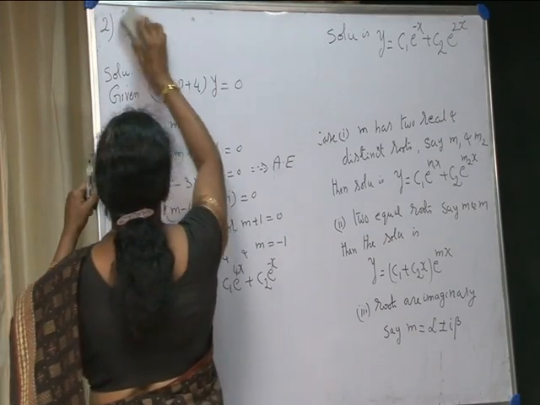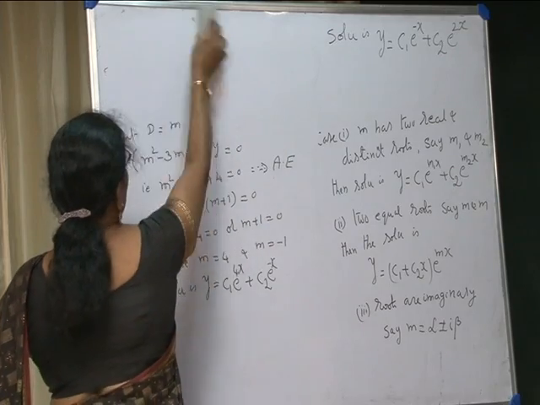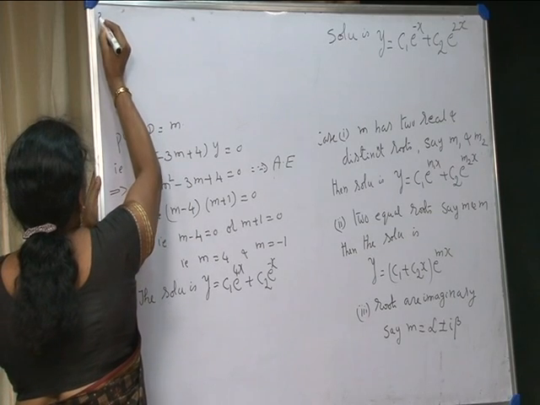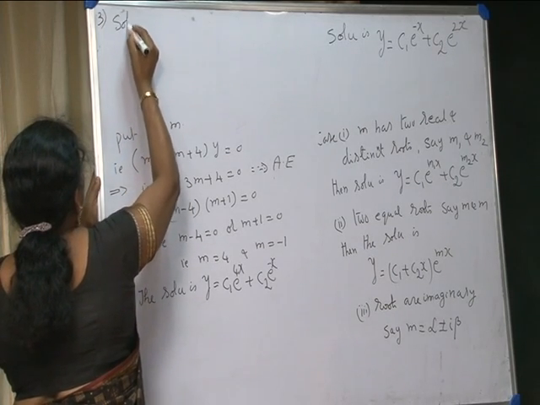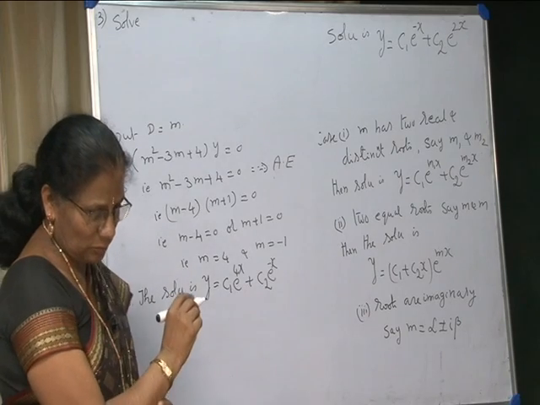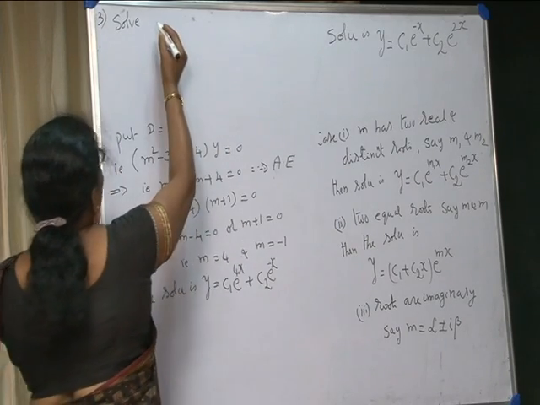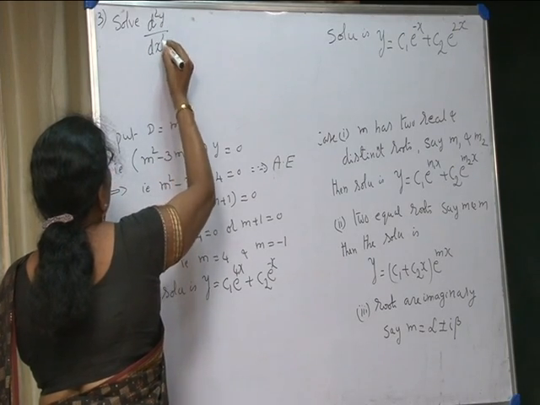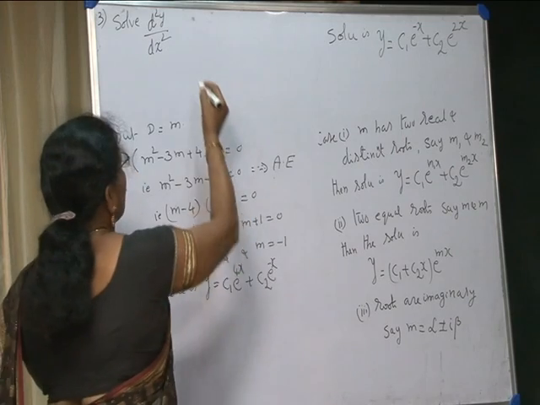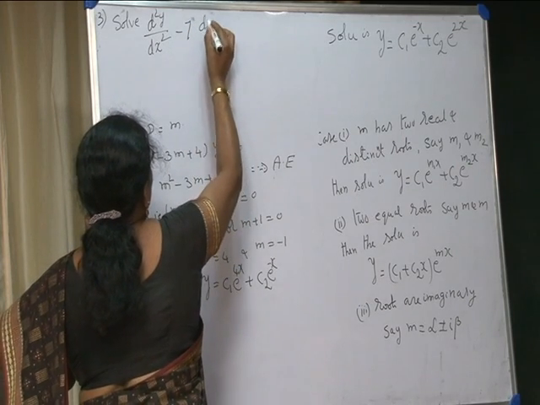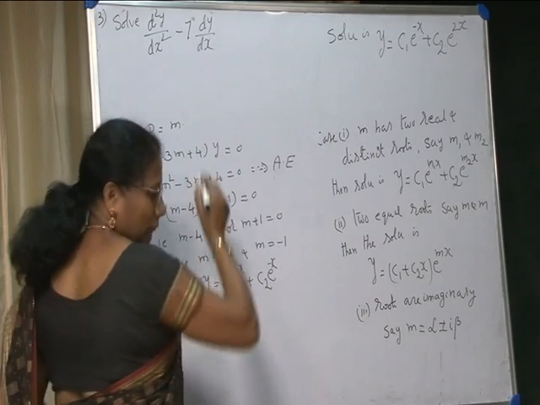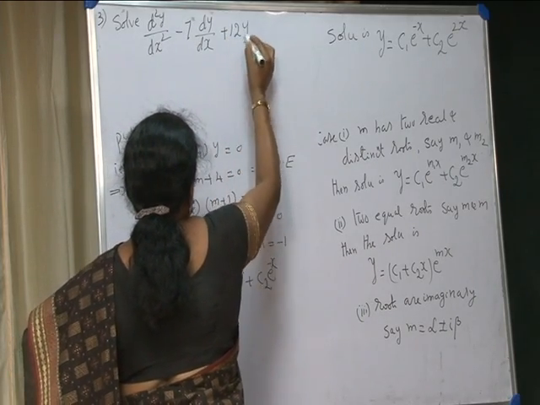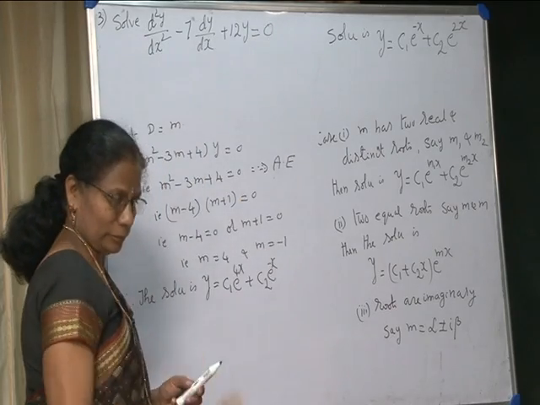Let us see the third one. Solve d squared y by dx squared minus 7 dy by dx plus 12y is equal to 0.